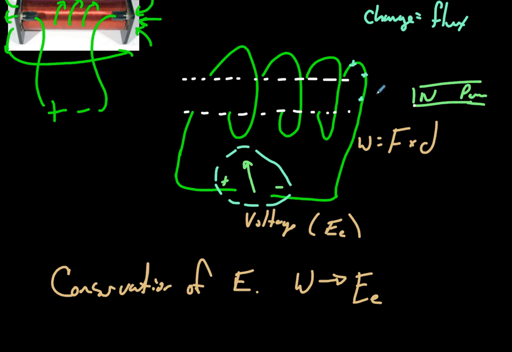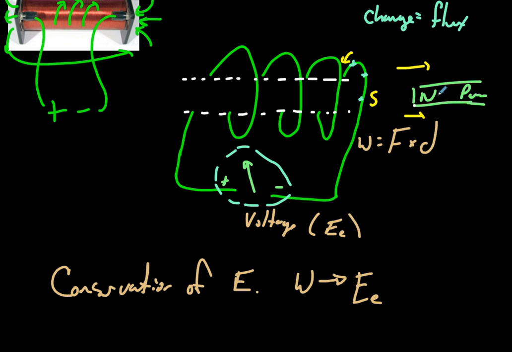And what they'll do is they'll create a south-facing magnetic field that attempts to prevent this from moving out. So I will have to provide a force in order to pull it out again. So I work on the in. That makes the charge move one way and creates a north to resist the input. And when I pull it out again, I have to work in the opposite direction, which will cause charge to move in the other way.